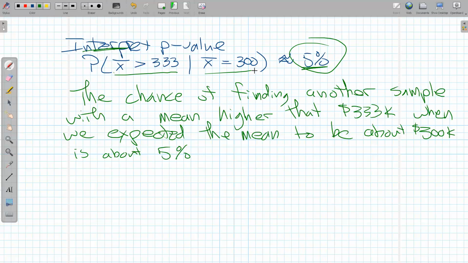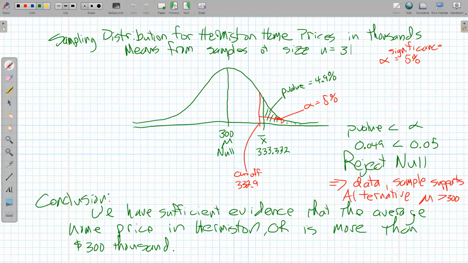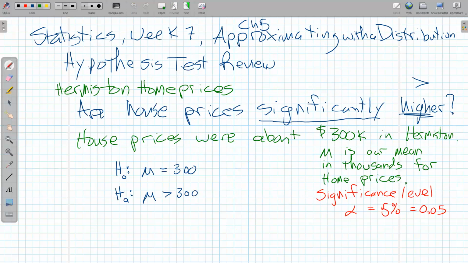All right, I think we went over all the different kinds of questions here. Let's double check before we move on to the next example, thinking about that application that most of you did and a few of you are still working on. Was I clear about what the population here is? The population is Hermiston home prices.